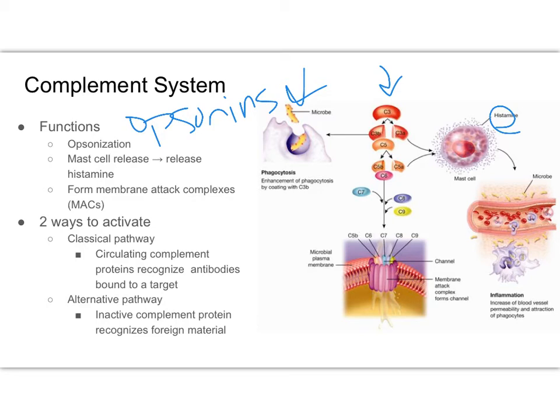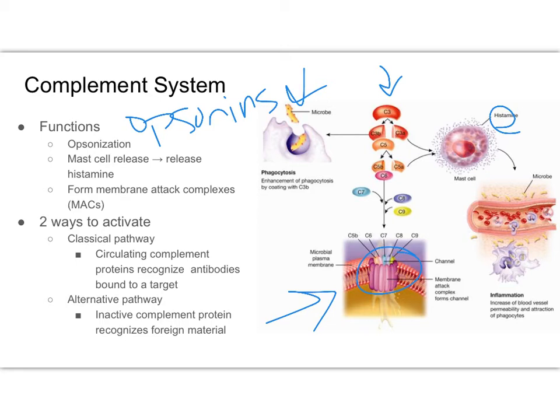The complement system will also form what are called membrane attack complexes, and you can see this happening down here. Kind of like that perforin channel we saw with the natural killer cells, these basically create big giant holes in the cell membrane. If I tear a hole in the cell membrane, that cell is going to die. It can no longer regulate and maintain homeostasis.